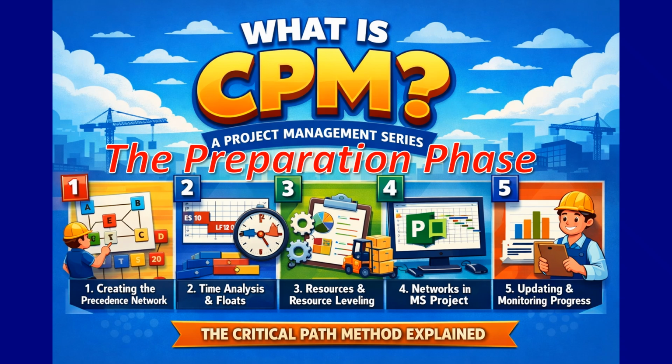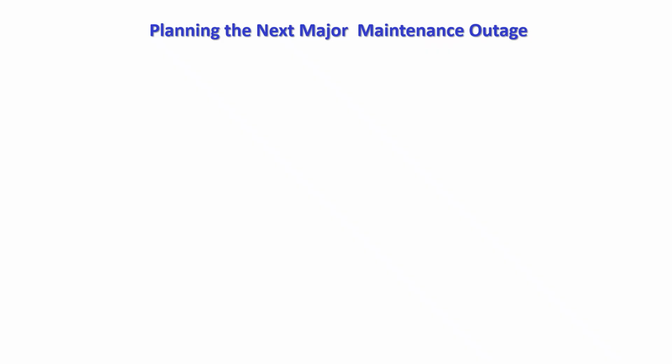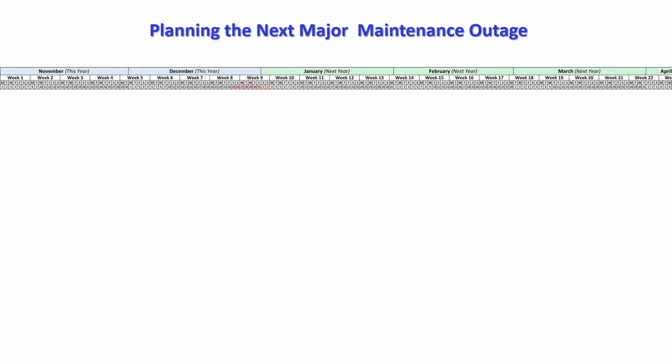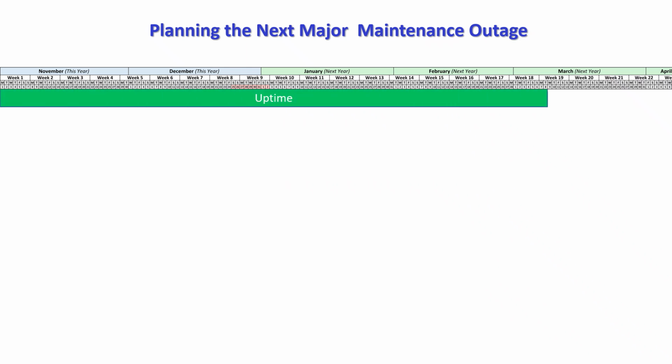is complete on time. So in order to prepare for the next outage, let's start by placing a calendar across the top of the screen. What we want to happen here is we would like our plant to run reliably right up to the next outage.